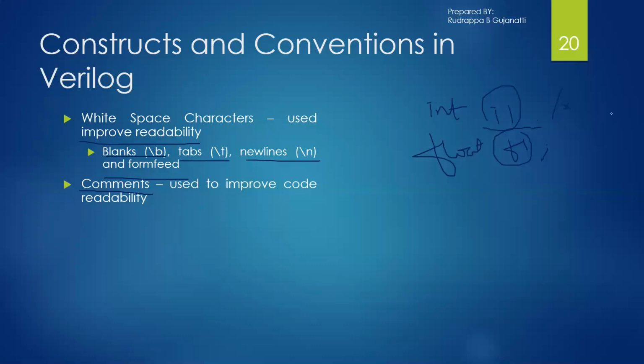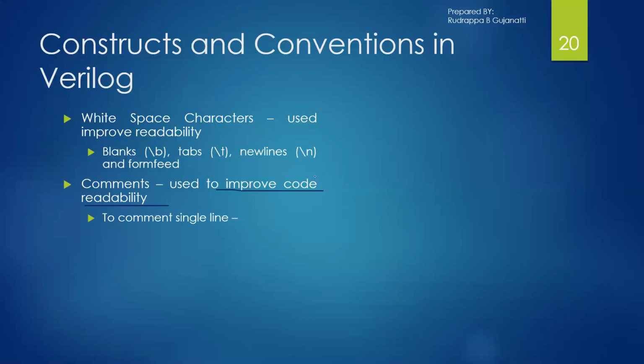For I1 I specify something like reads temperature. This one does some other operation. This one reads some other sensor value. If I put these comments, I'll be able to understand the code in a much better way. That is what comments help us to do. It improves the overall code readability.